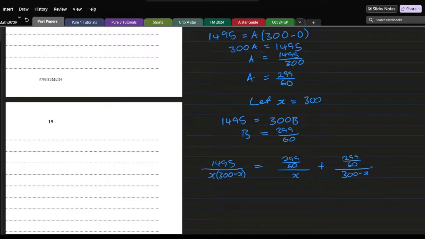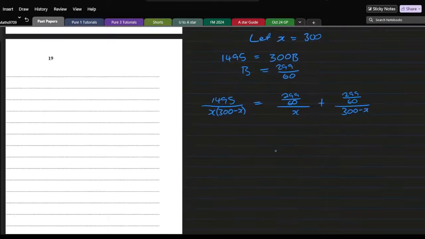Now just to make things a bit clearer, I'm going to factor out the 299 over 60 so that this becomes 299 over 60 multiplied by (1 over x plus 1 over (300 minus x)).